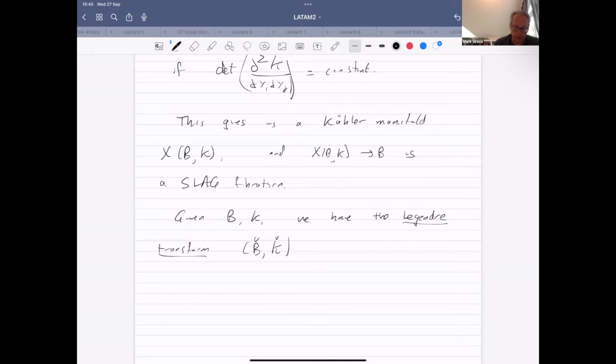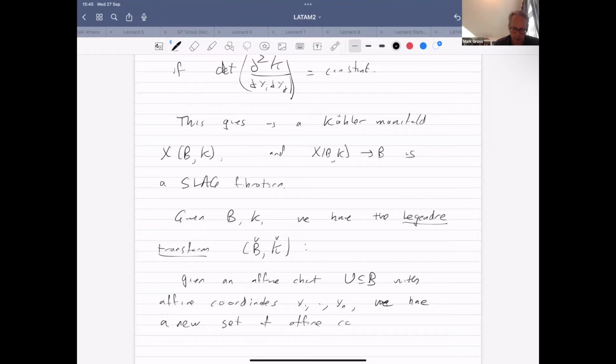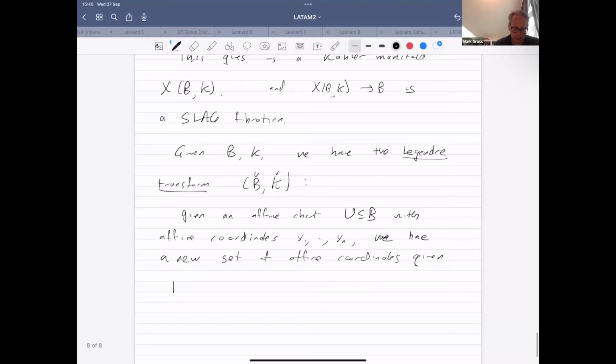So given an affine chart U containing B with affine coordinates y1 through yn, we have a new set of coordinates given by yi check equal to dK/dyi.